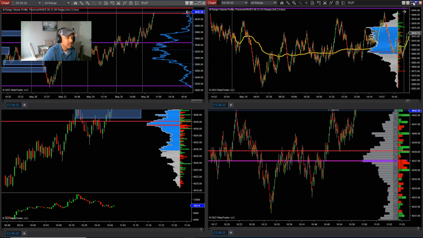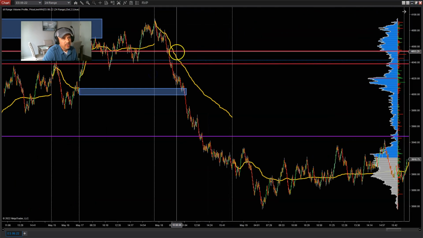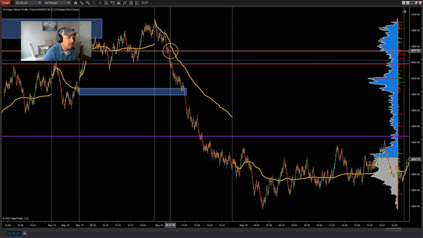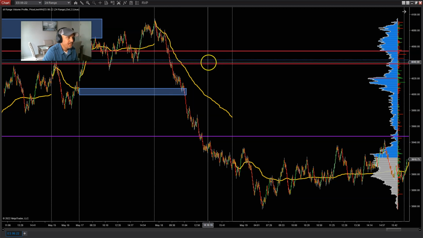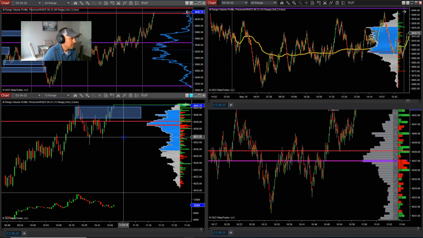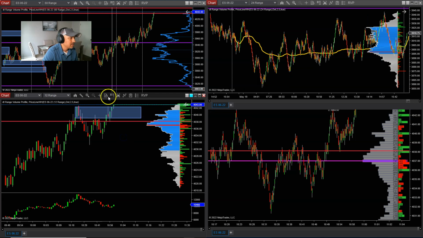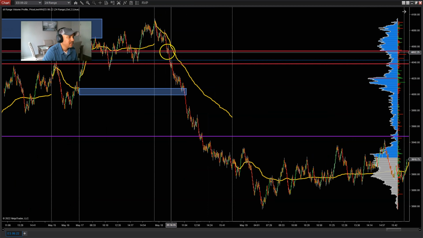I do have a zone marked up here, like I showed you in 24 range. We have a half number coming up, approaching above. This is the 40 area. Price, I think we bounced here. Yeah, we bounced here. So above us, we have that 50 area, 50 round number with a zone sitting here.